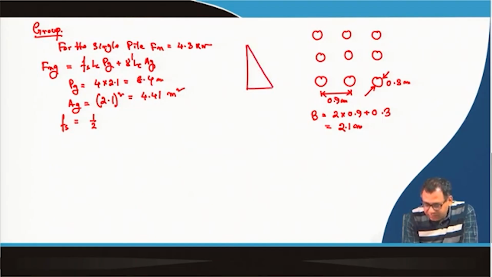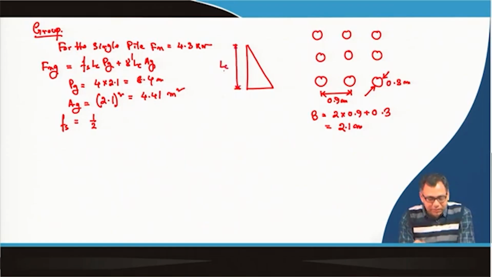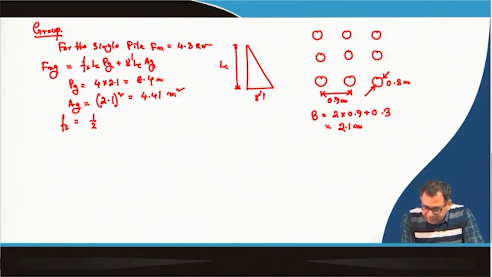So suppose this is your Lc. Fs contribution is the perimeter and the length, that is nothing but gamma dash into Lc at the bottom.